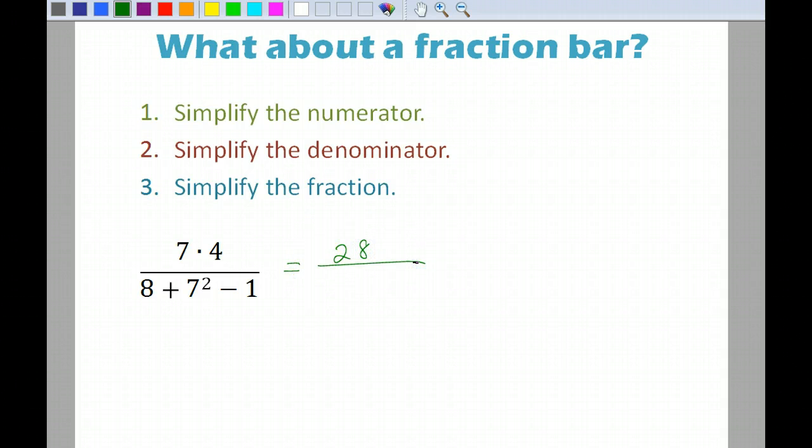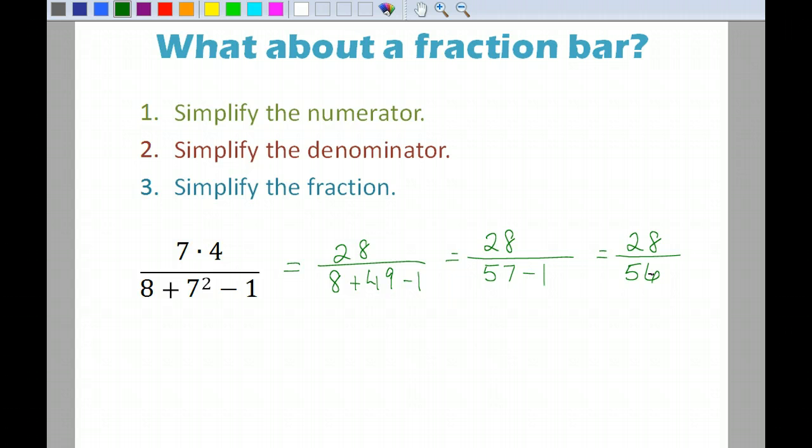Now I've got to take care of this denominator. I've got 8 plus 7 squared minus 1. So I really have 8 plus 7 squared is 49 minus 1. Now I'm just going to simplify because I'm down to addition, subtraction. Just go from left to right. So now I have 28 over, well, what's 8 plus 49? It's 57. I still have minus 1. So I have 28 over 56.